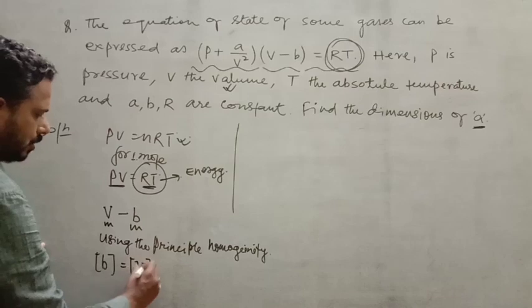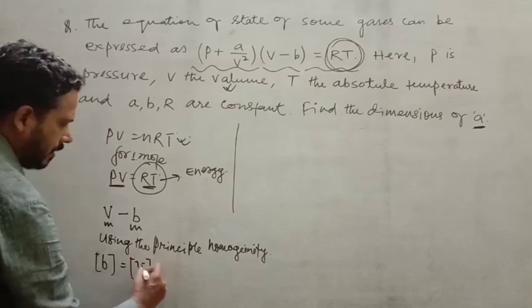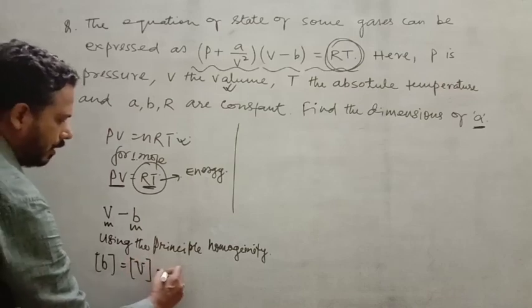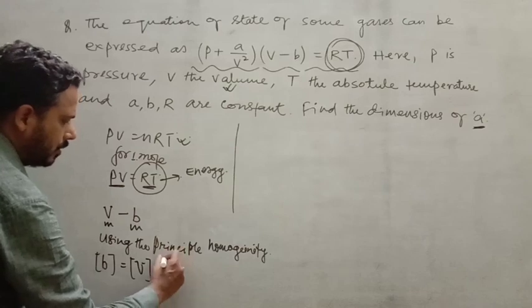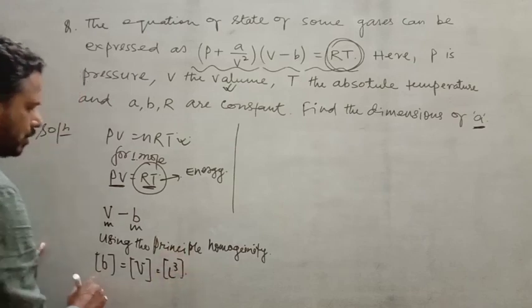The dimension of volume is L cube, so L cube is the dimension of B.